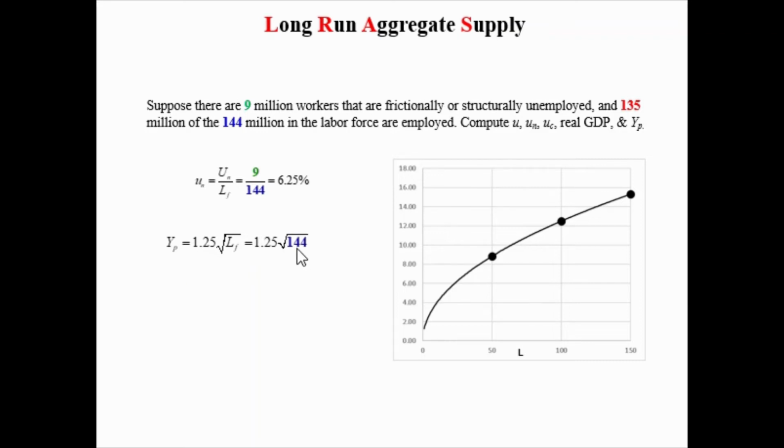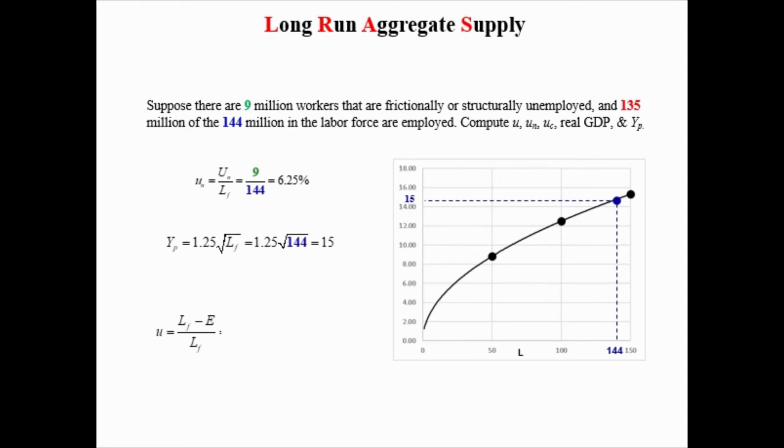The labor force is 144 million people by assumption. The square root of 144 is 12. 12 times 1.25 is 15. So at the labor force size of 144, the economy's potential GDP is $15 trillion.